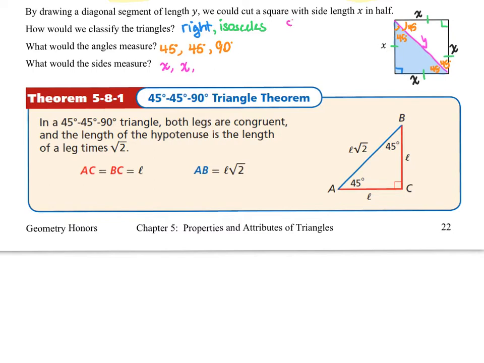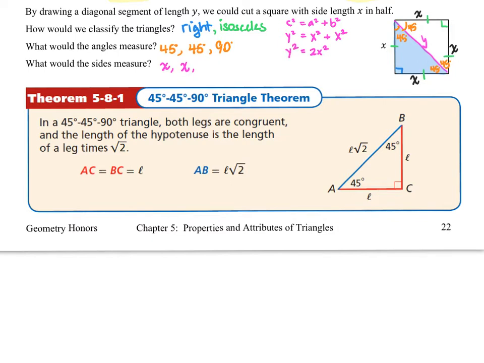The c squared equals a squared plus b squared is going to turn into, c squared is y squared, a is x, so we have x squared, and then we have b, which, because this is an isosceles triangle, is also x squared. We combine like terms, and we have 2x squared is equal to y squared.